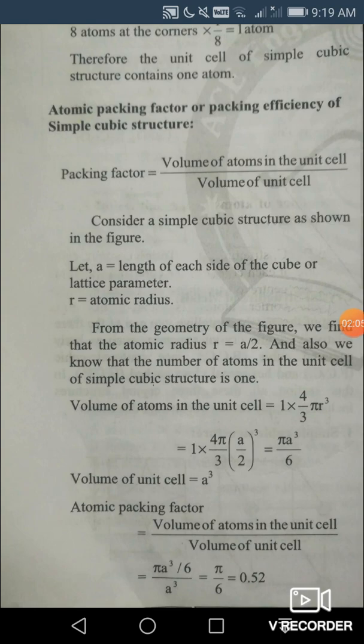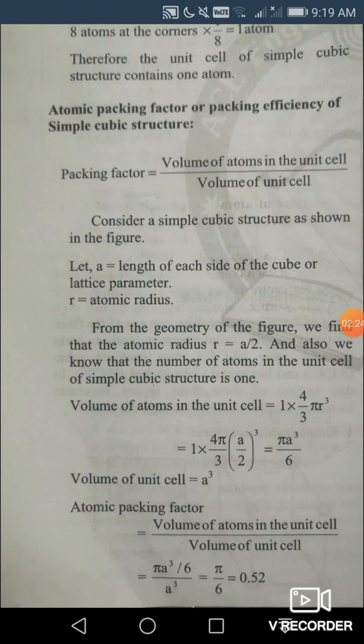The volume of the atoms in the unit cell: there is only one atom. The atom is considered to be a sphere. What is the volume of a sphere? 4 by 3 pi r cube. Yes or no? Because the number of atoms is equal to 1.